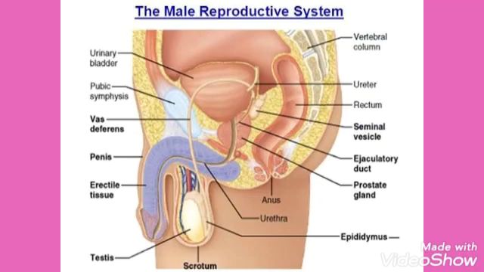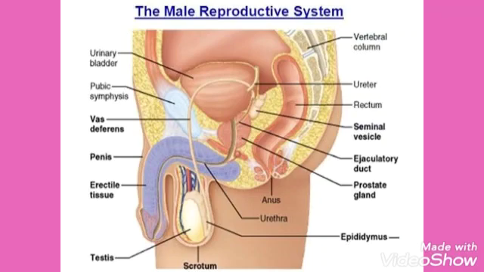Now we should talk about the accessory ducts. The accessory ducts transport the sperm from the testis to the urethra for their release outside the body. There are 4 accessory ducts in the male reproductive system. Number 1, rete testis, number 2, vasa efferentia, number 3, epididymis, and number 4, vas deferens.